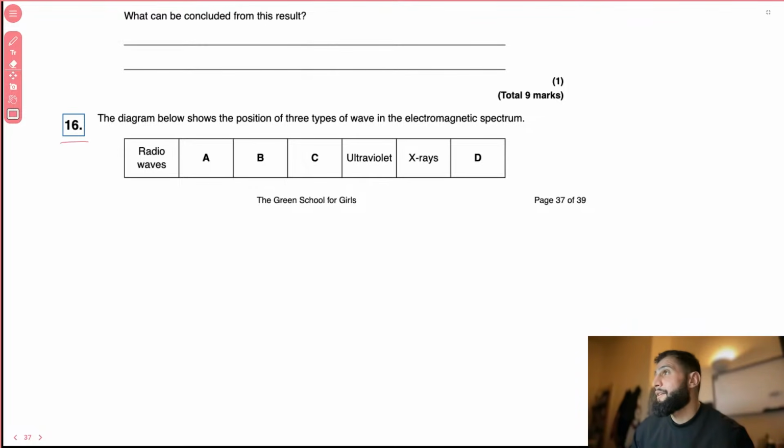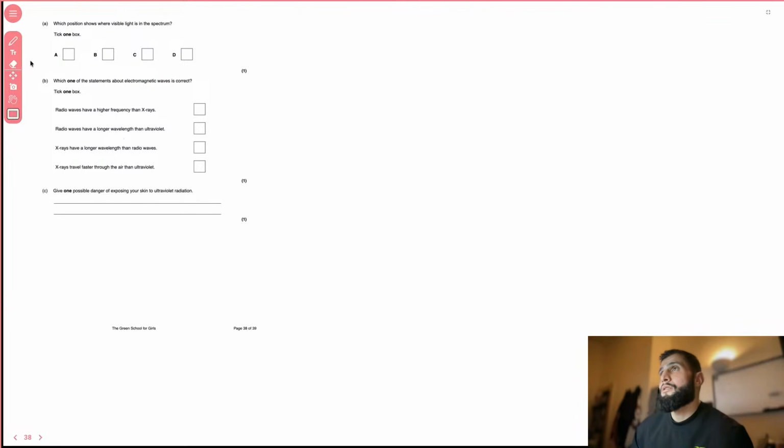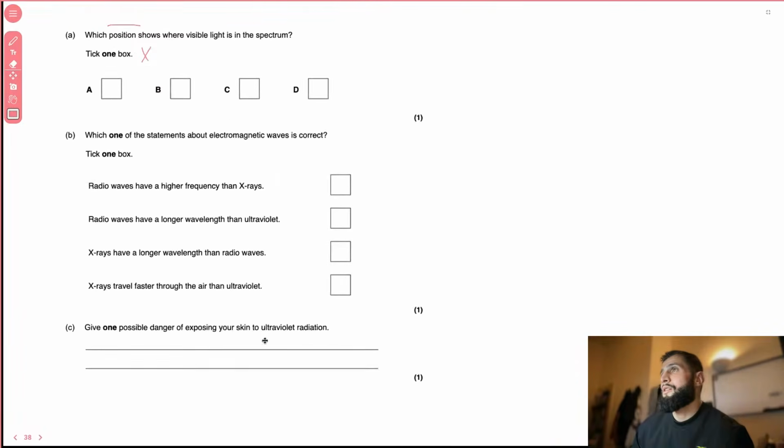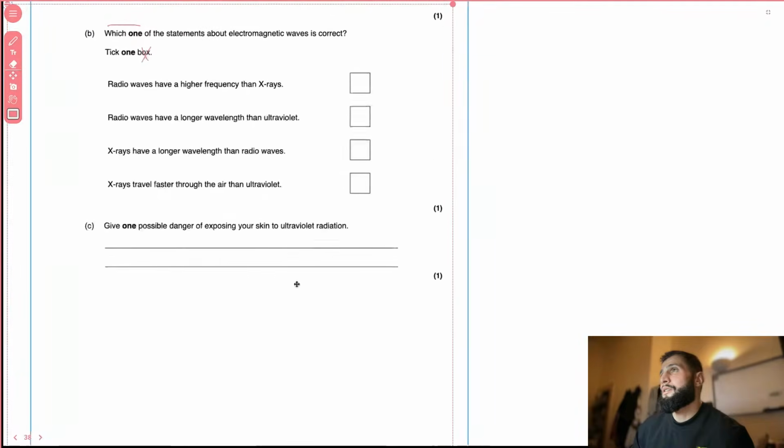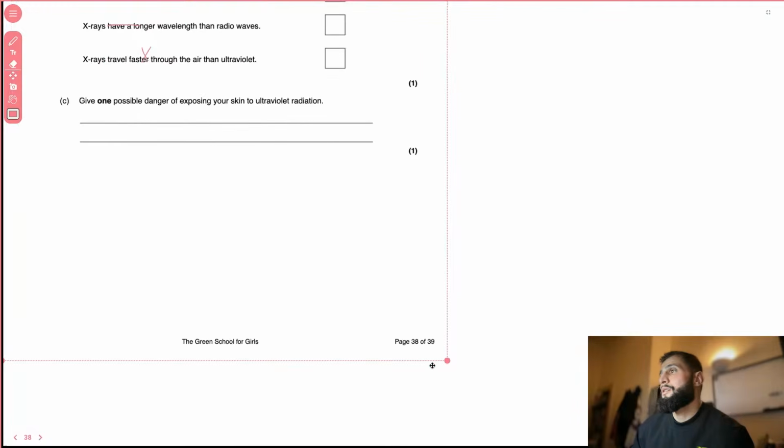And D. So C is visible light. Then we've got ultraviolet, X-rays, and then D, gamma rays. Very good. So we already established that C is for visible light. Now I want you to think here. We're going to keep going with B.